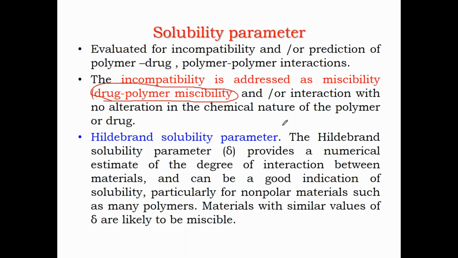So the better the miscibility, the more advantage we'll have out of it. And this interaction involves no alteration in the chemical nature of the polymer or drug. You may not see any major chemical changes happening. Miscibility is a physical property, and the chemical nature is not affected so much.